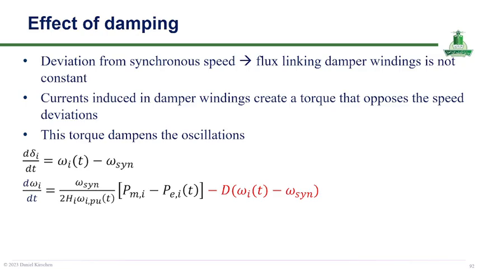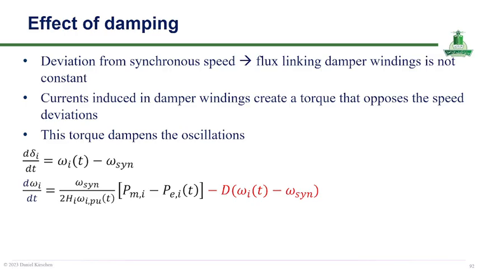The first equation describes the relationship between rotor angle and rotor speed. You can see that the rate of change of the rotor angle delta i depends on the difference between the generator speed omega i and the synchronous speed omega synchronous. The second equation represents the swing equation, including the damping term.